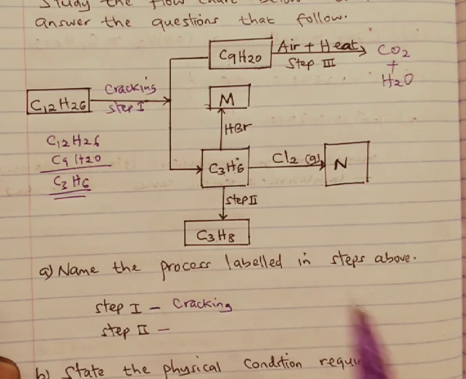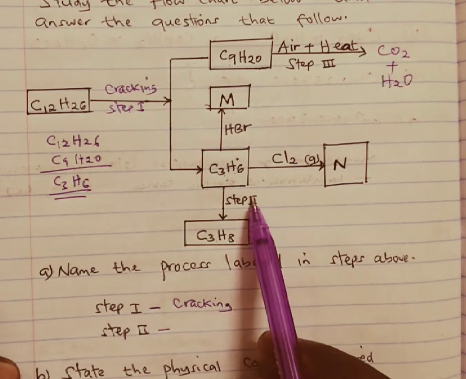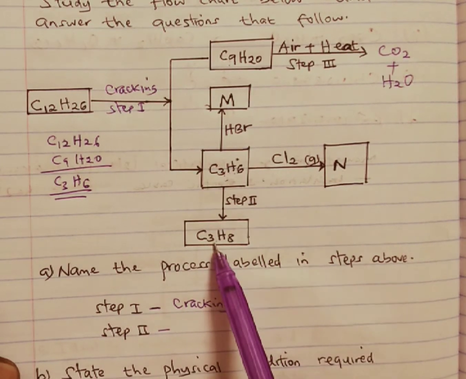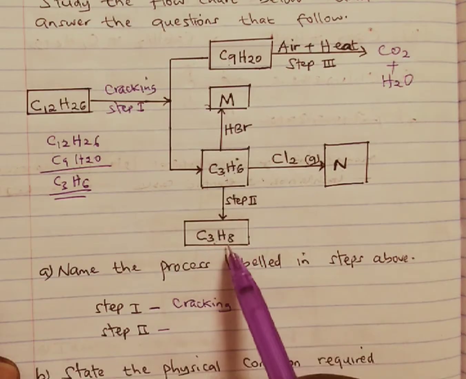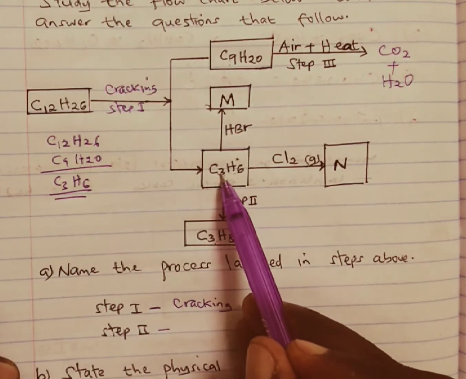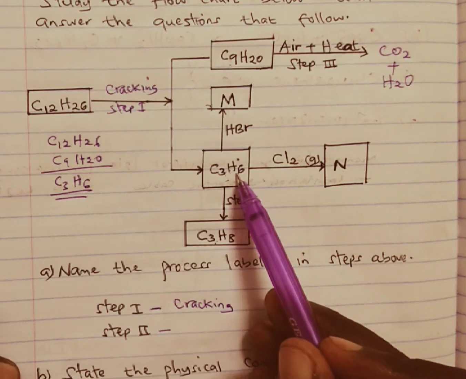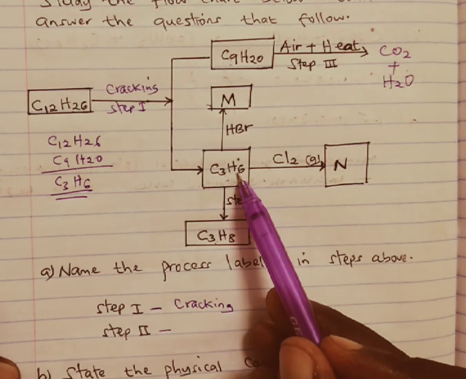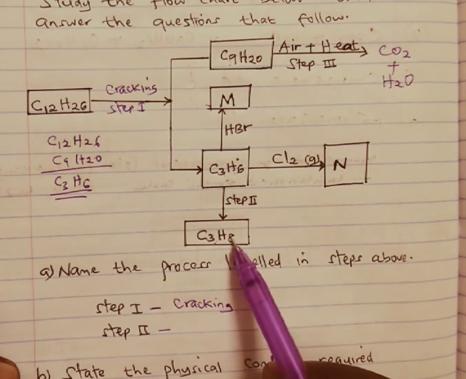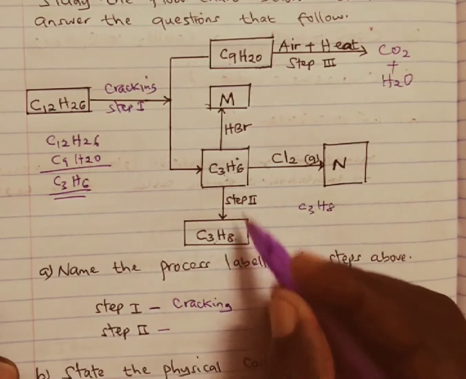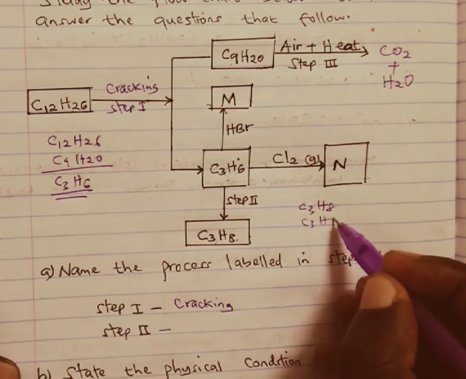Then we have step 2, and step 2 is where we have propene giving us propane. And if you look at the two compounds, you realize each of them has 3 carbon atoms, and the hydrogen atoms have moved from 6 to 8. That is C3H8. Then we have C3H6.